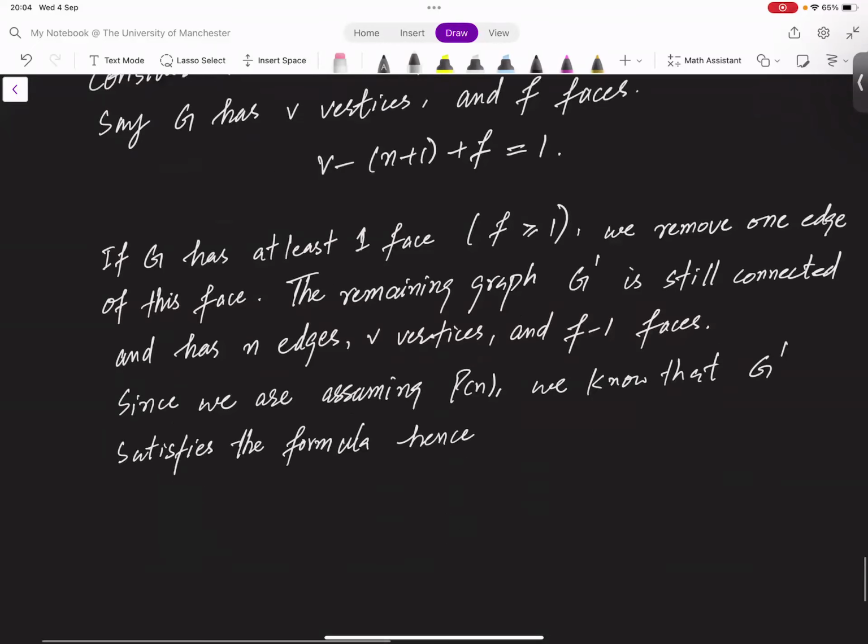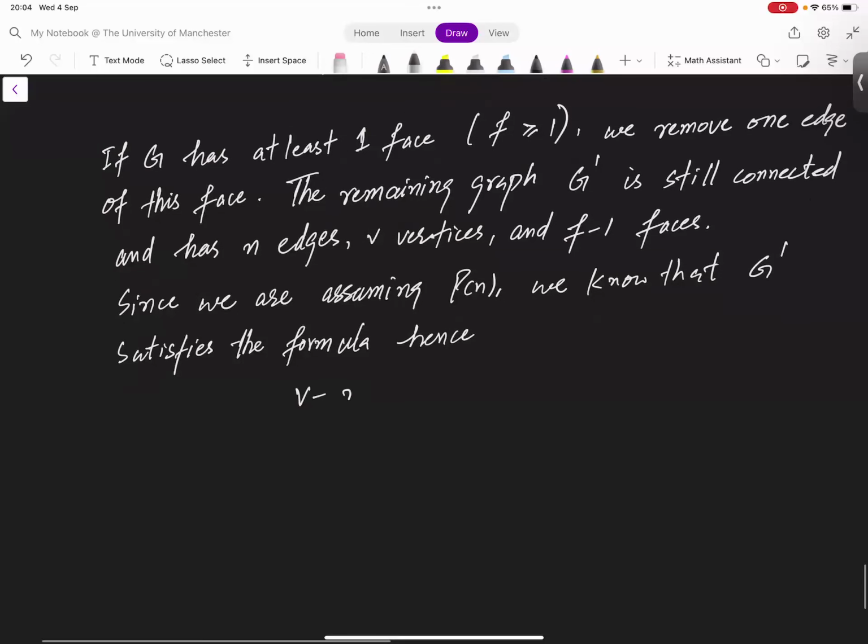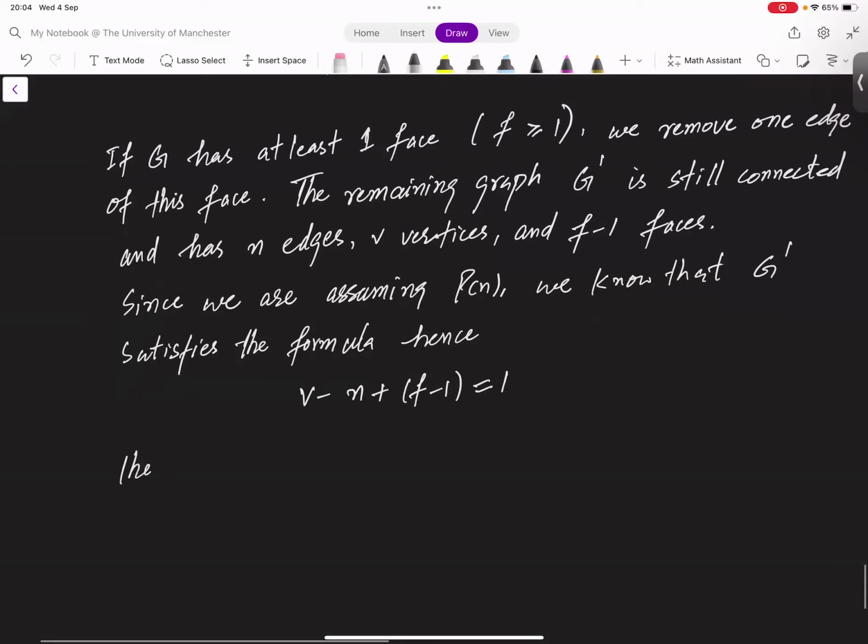Hence, V minus n plus F minus 1 is 1. Therefore, V minus n plus 1 plus F is 1 as required.